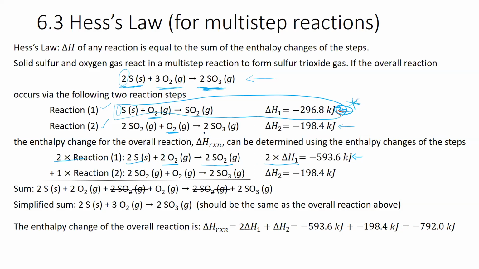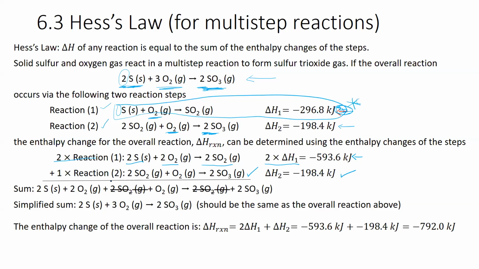And so if you go to reaction 2, you'll see it has a stoichiometric coefficient of 2 in front of the sulfur trioxide. So that's good. That means that our reaction, first off, has sulfur trioxide in the products, which is where we want it, and it has the correct stoichiometric coefficient. So we can just take that chemical reaction as is, which means we can take its enthalpy change as is.